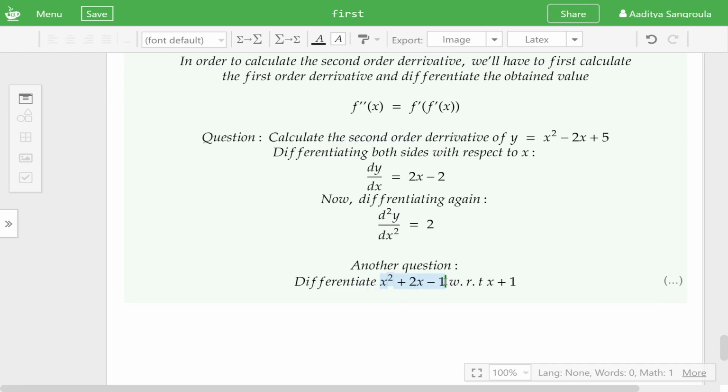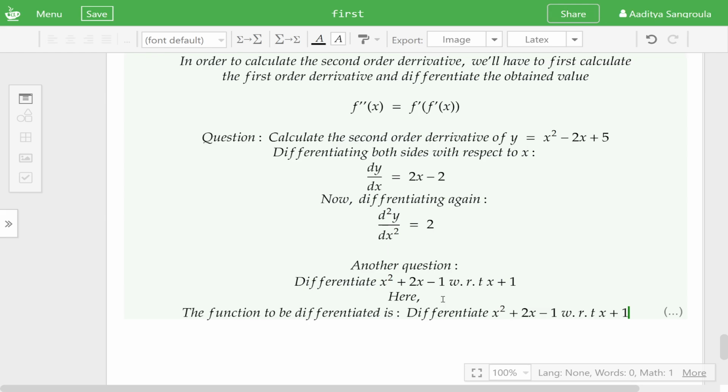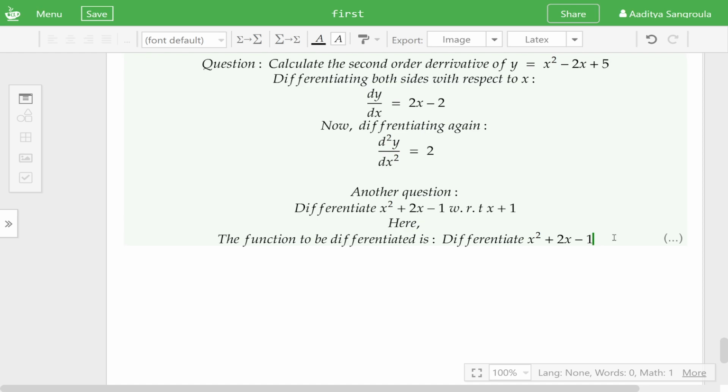So we say here the function to be differentiated is this.